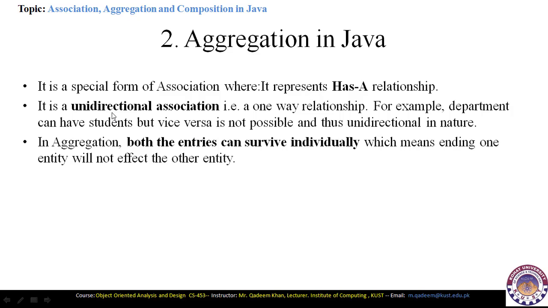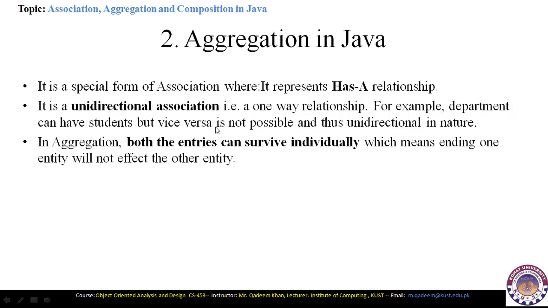It is a unidirectional association, while association is bidirectional. Unidirectional means that communication is established on only one side. It is one-sided communication, a one-way relationship. For example, a department can have students, but vice versa is not possible.